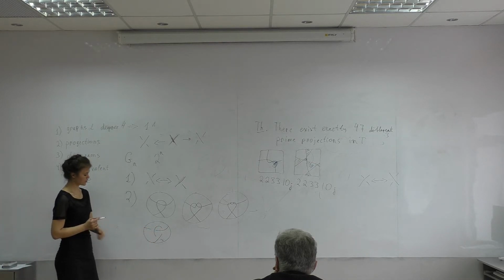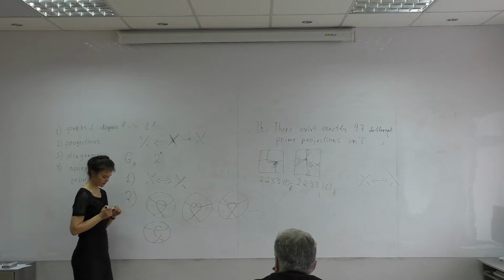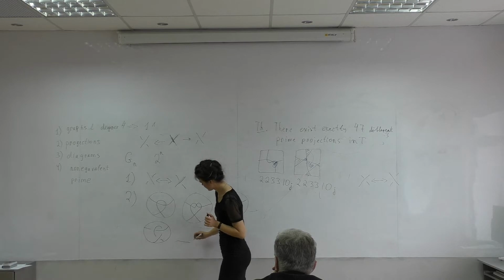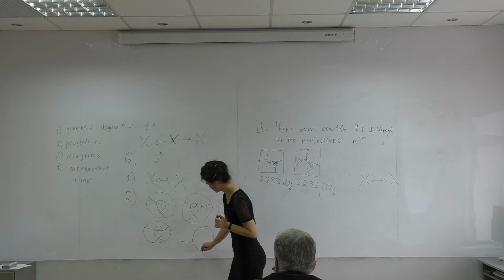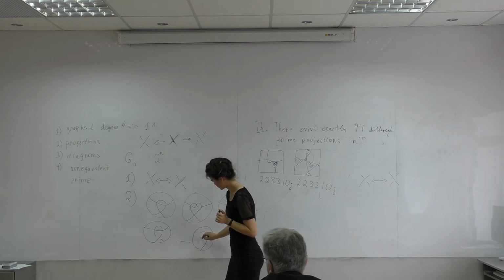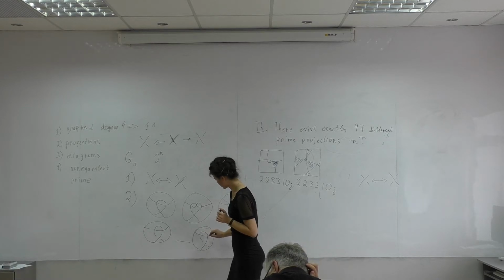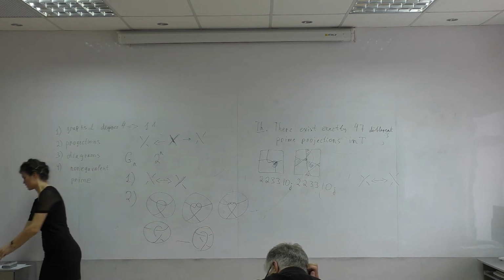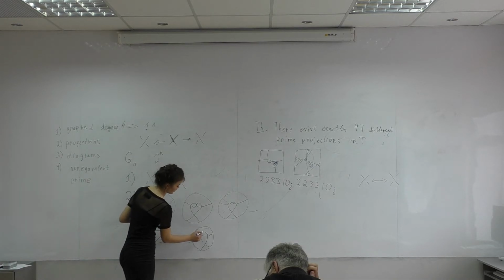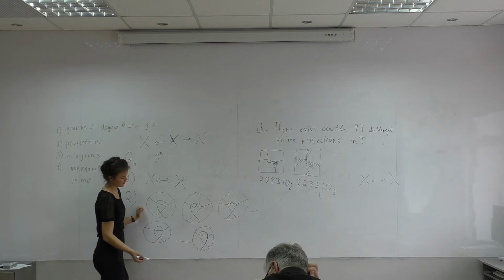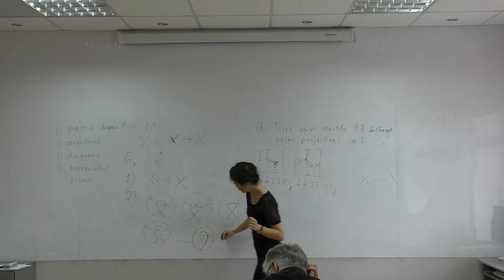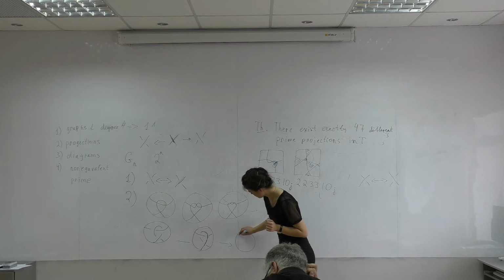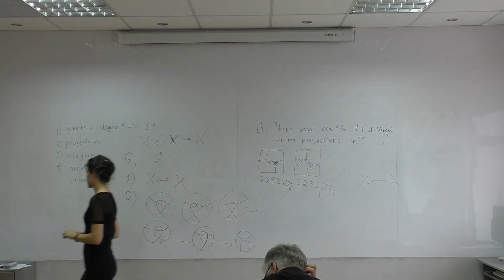Why is it so? Because if we choose another way, for example this one, we can see that this part of the string can be moved so as to get such a fragment.